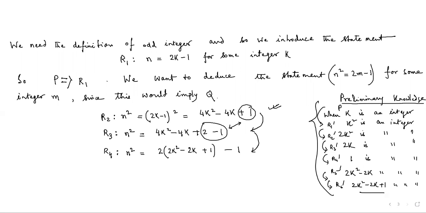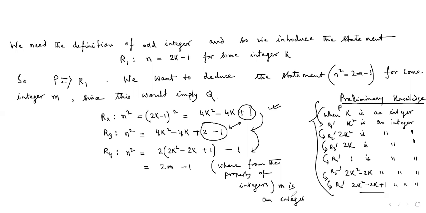So I have considered this particular part to be true, and my objective is fulfilled. Now I can write this as twice m minus 1, where from the property of integers, m is also an integer.